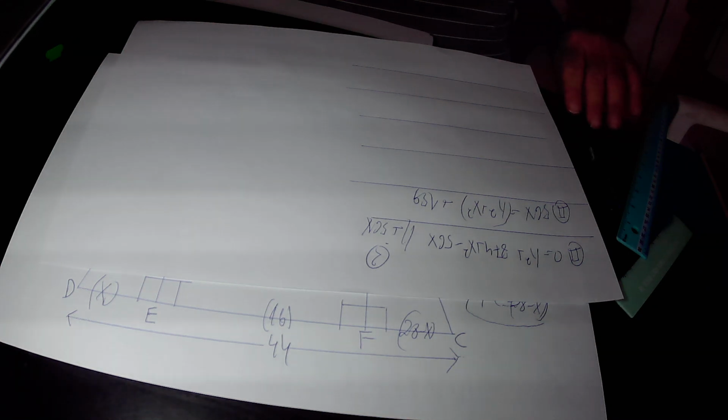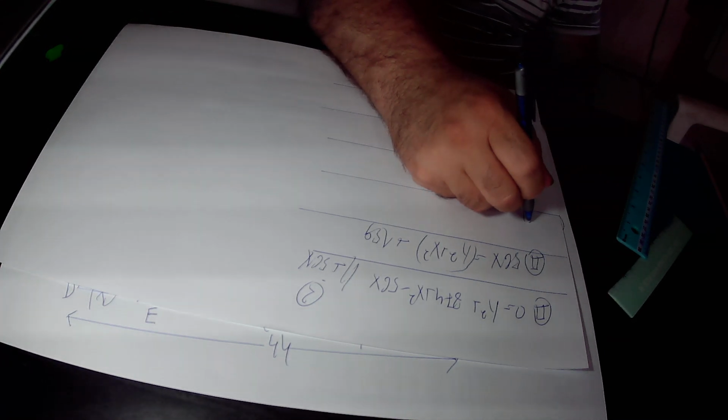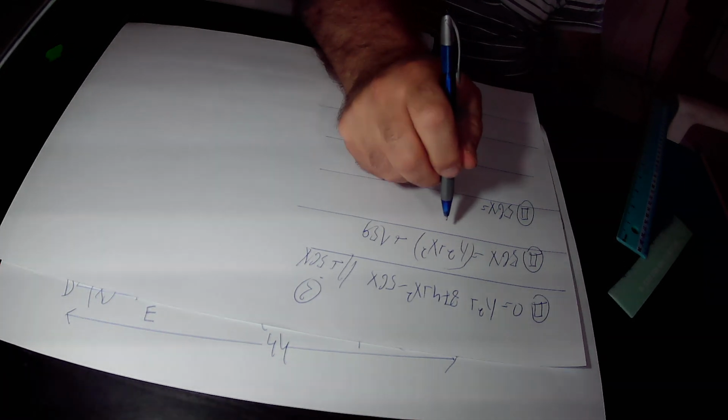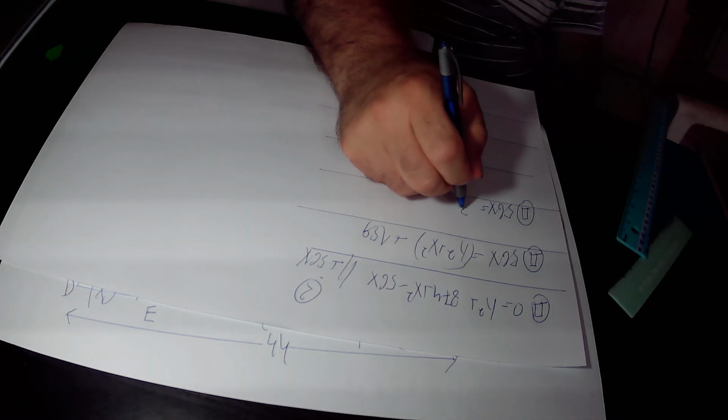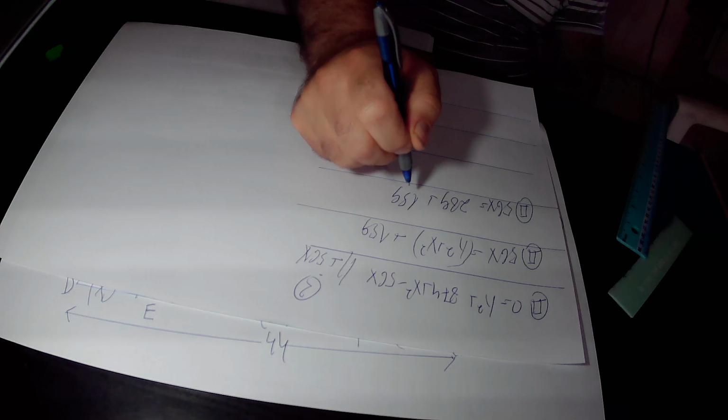We'll do it now, and we'll get that 56x equals 8 squared plus x squared, which according to equation 1 is 289, plus 159.